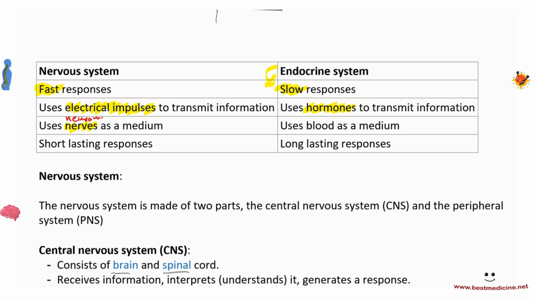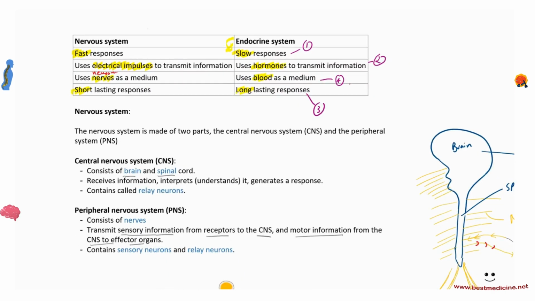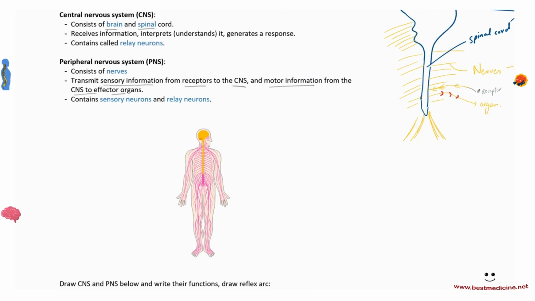The endocrine system uses blood as a medium, okay? The nervous system has short-lasting responses. The endocrine system usually has long-lasting responses. So if a question on this shows up, I hope you can write this one first, and then this one second, and probably this one as third, and then if it's for 4 marks, then you can add this fourth one, okay? And that is the introduction to the nervous system.